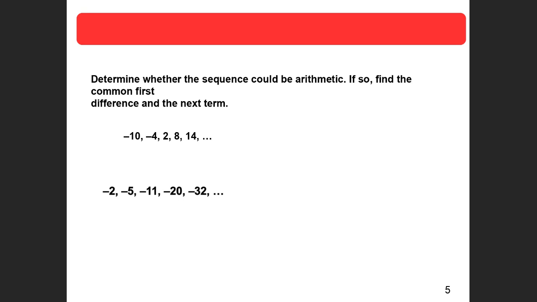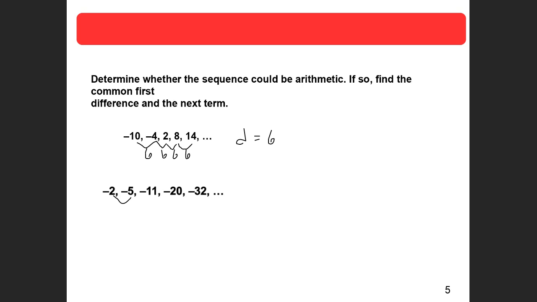Determine whether the sequence could be arithmetic. If so, find the common difference. All right, so negative 10, negative 4, 2, 8, 14. It looks like it's going up by 6 all the time, doesn't it? So this is an arithmetic sequence, and the common difference is 6.